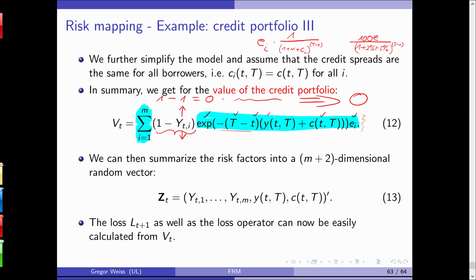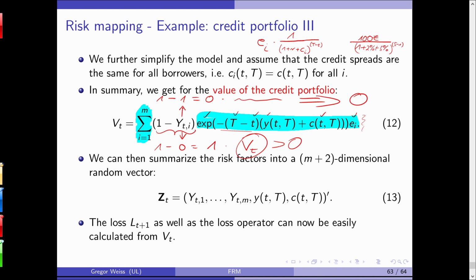But if the loan is not in default, we will have a 0. So there is 1 minus 0 equal to 1 times Vt, and this will be larger than 0. So 1 minus the default indicator simply distinguishes the two cases of default versus no default.